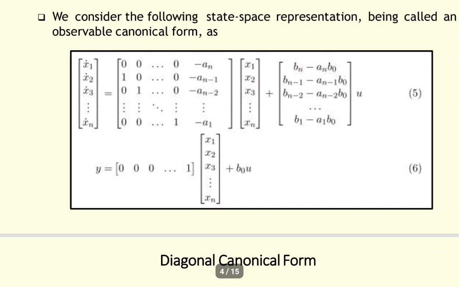The B control matrix contains bn minus an b0, bn minus 1 minus an minus 1 into b0, and so on up to b1 minus a1 into b0, whole into u.